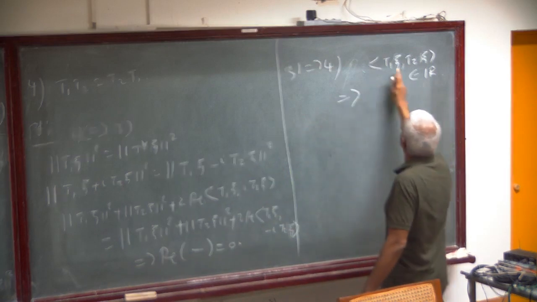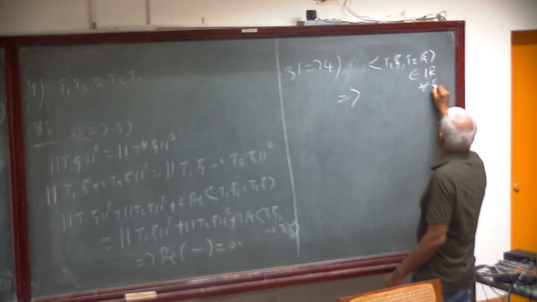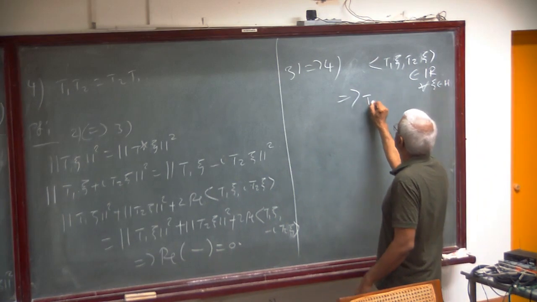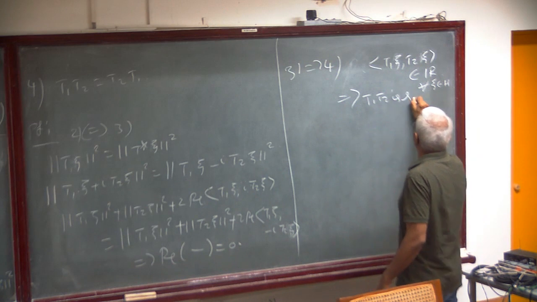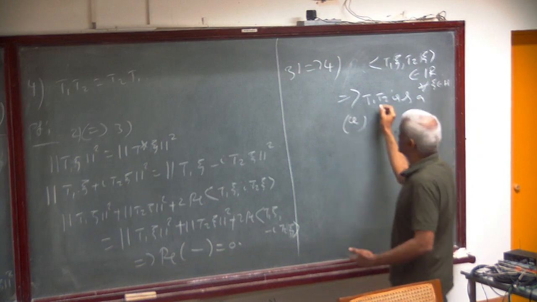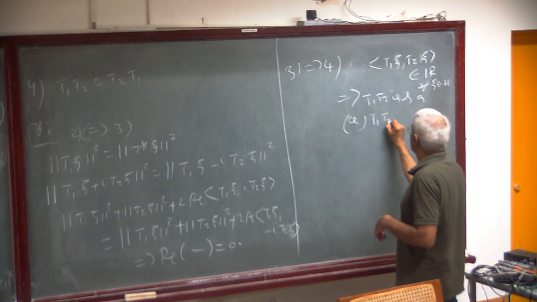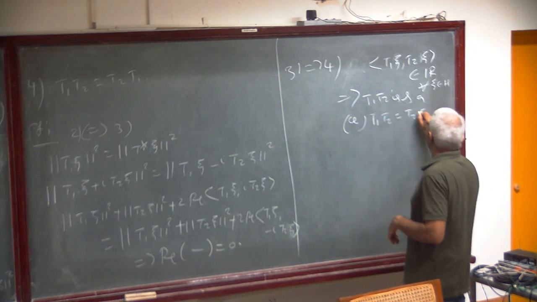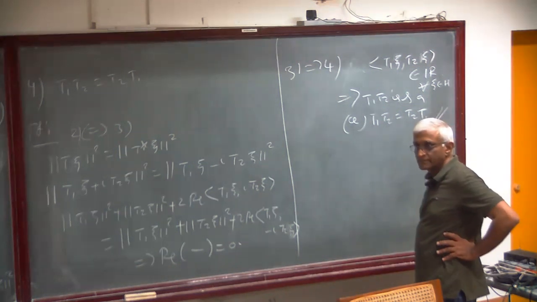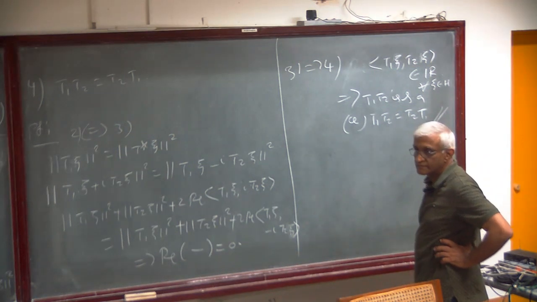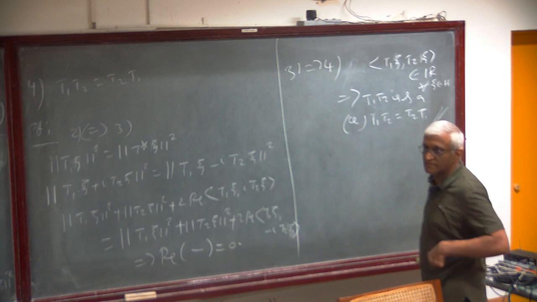This is for all z. This just means that T1, T2 is self-adjoint. That is, T1 and T2 are self-adjoint, which just means T1, T2 equals T2, T1. And these are all equivalent statements, of course.